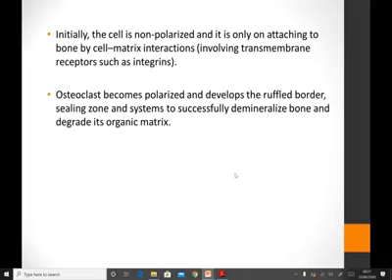Initially, these osteoclasts that form as a result of the RANK and RANK L system activation are non-polarized cells, and they only attach to the bone by the help of certain transmembrane receptors called the integrins. But as the osteoclasts go through the process of differentiation, they eventually become polarized cells and they develop the ruffled border, as I mentioned, that these osteoclasts have.